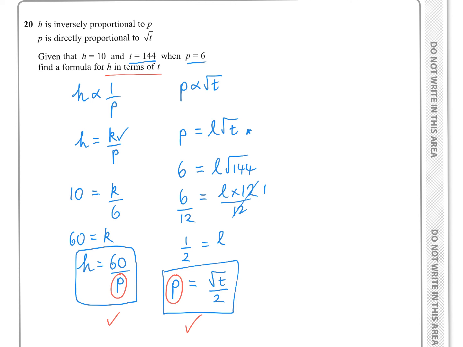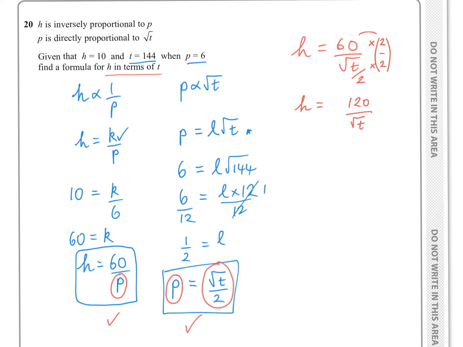So I'm going to say if H is equal to 60 over P, but P is also root T over 2. Now I can multiply numerator and denominator by 2, because if I times top and bottom by 2 over a fraction, the value doesn't change. So I would have 120 over root T, and that would be one possible answer you could give.